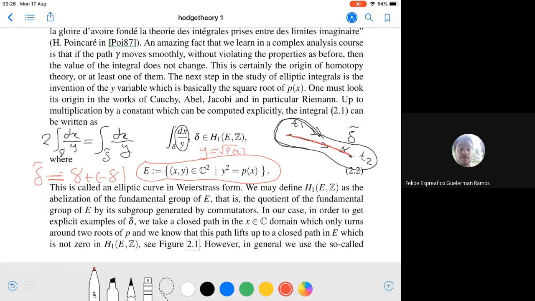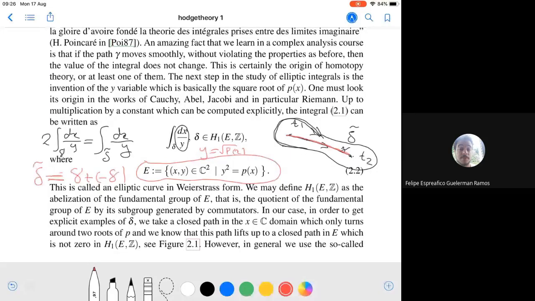When we go along gamma and then return back along gamma, the value of y changes because of this turning around T2 or around T1. This means that this minus will cancel with the minus coming from the square root of p(x), and at the end you will see that the integration over delta tilde is actually twice the original integration that you had.